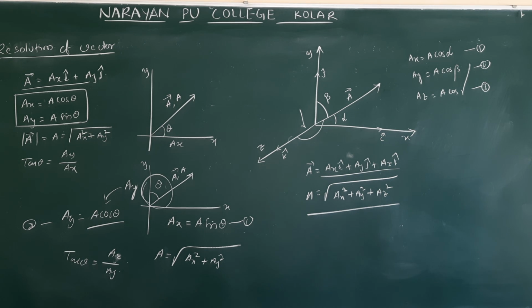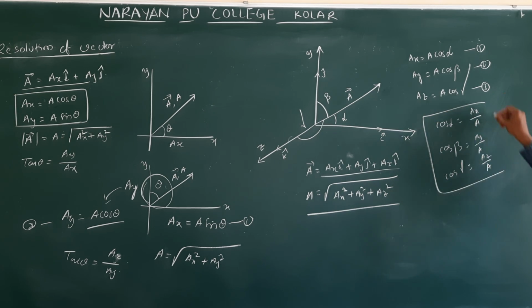That value is 1 actually. That we call direction cosines, which you will see in mathematics. Till then I won't touch this. So how do you find alpha, beta, gamma? You get cos alpha equal to ax by a, cos beta equal to ay by a, cos gamma equal to az by a. Using these formulas we will get the angles. Understand? Clear?